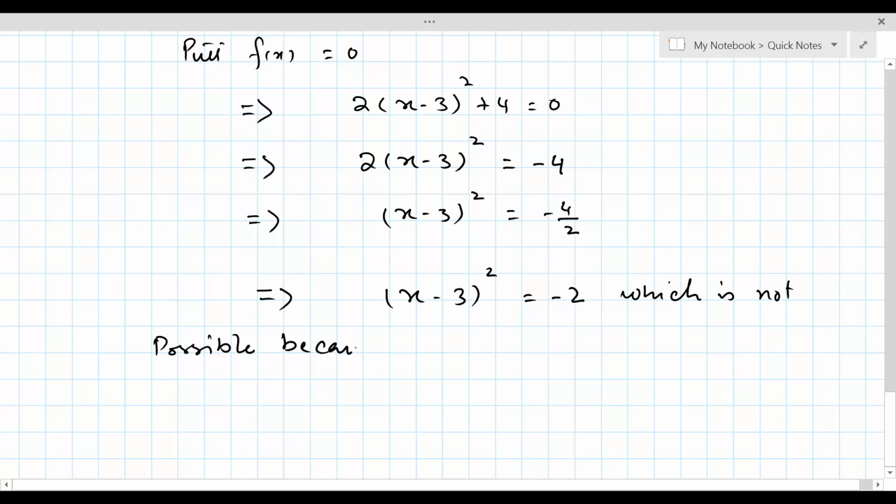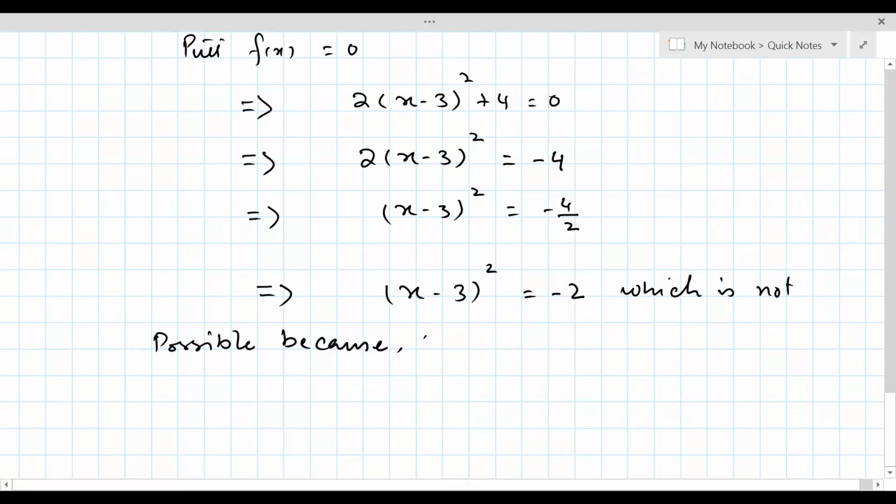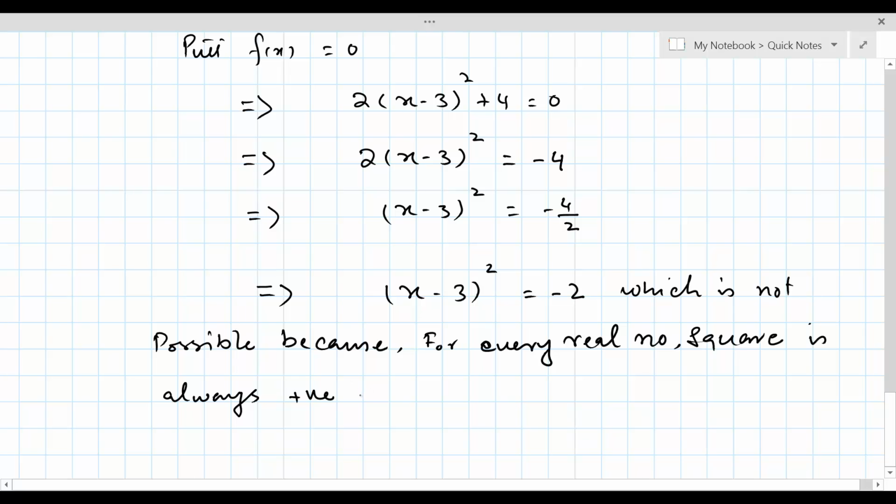Because for every real number, the square is always positive, or at minimum it can be 0.